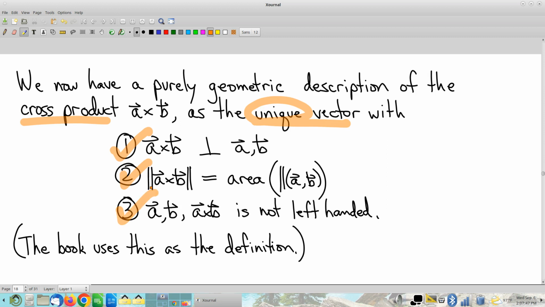You give me any 2 vectors A and B, there will always be exactly 1 vector that satisfies all 3 of these conditions. And notice they're all geometric. They're all about orthogonality, or area, or handedness, order. Again, all those are geometric ideas.